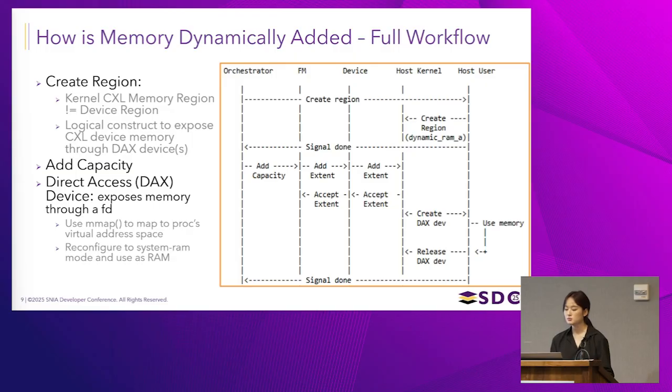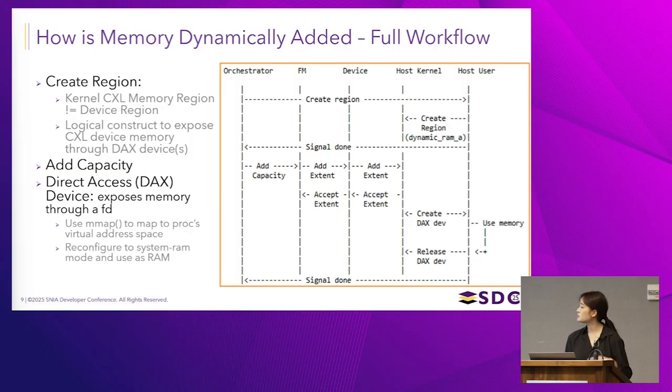It would expose the memory to applications because it would allow the memory to be handled separately from the general memory manager. So when you create a DAX device, the memory from the device is exposed through a file descriptor, and you can use mmap to map the memory to your process's virtual address space in DevDAX mode, or it can be reconfigured to system RAM mode and then added to the general memory pool.